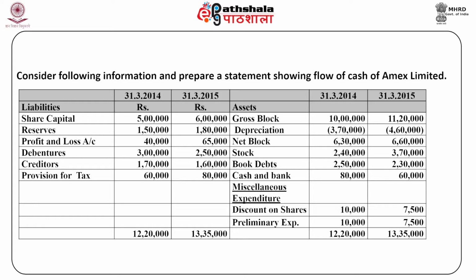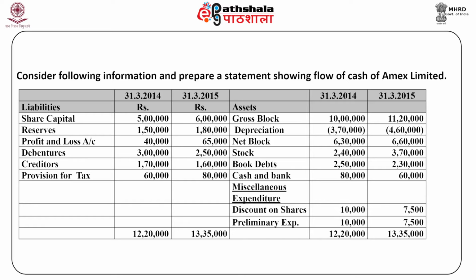Assets: gross block 10 lakhs, 11 lakh 20,000. Depreciation 3 lakh 70,000, 4 lakh 60,000. Net block 6 lakh 30,000, 6 lakh 60,000. Stock 2 lakh 40,000, 3 lakh 70,000. Book debts 2 lakh 50,000, 2 lakh 30,000.